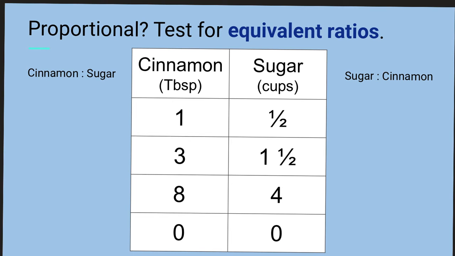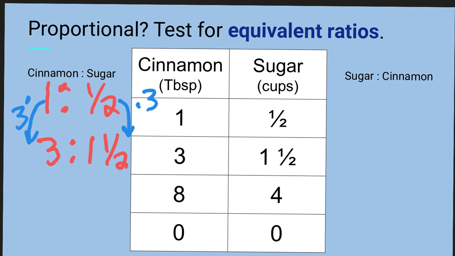All right, so what we're going to do to test if it's proportional is look at equivalent ratios or equivalent fractions and see if they stay the same. So I'm going to start by comparing my cinnamon to sugar and see if they stay consistent.